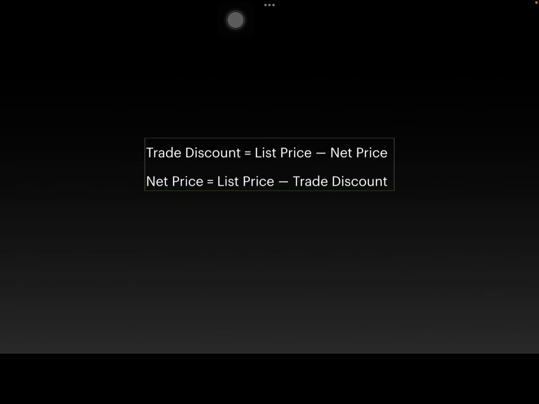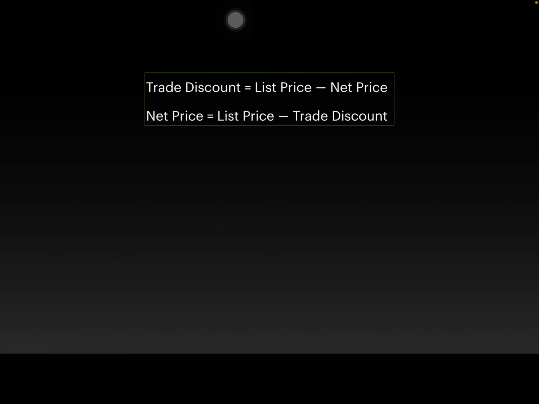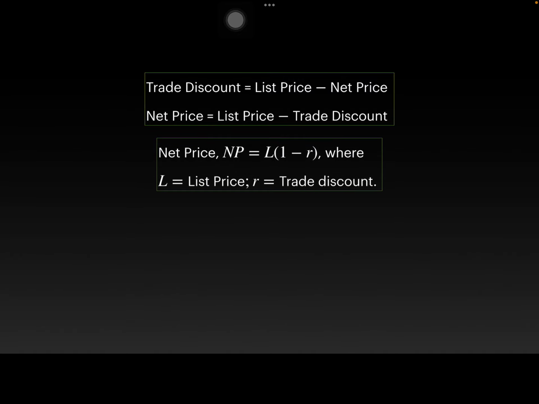All right. So before we go into that, let's take a quick recap of the formulas that we have in this chapter. Basically, trade discount is the difference between list price and net price, or in another way to put it, net price is the list price minus the trade discount that we are offered.